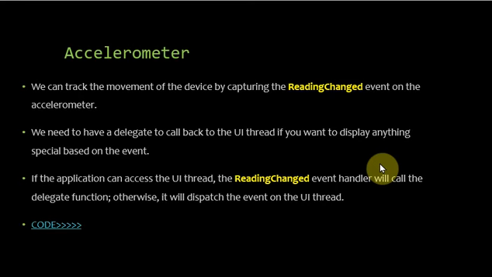We use the reading change event to track the changes, and if we want the information displayed, we call back the user interface thread, which does this task for us.